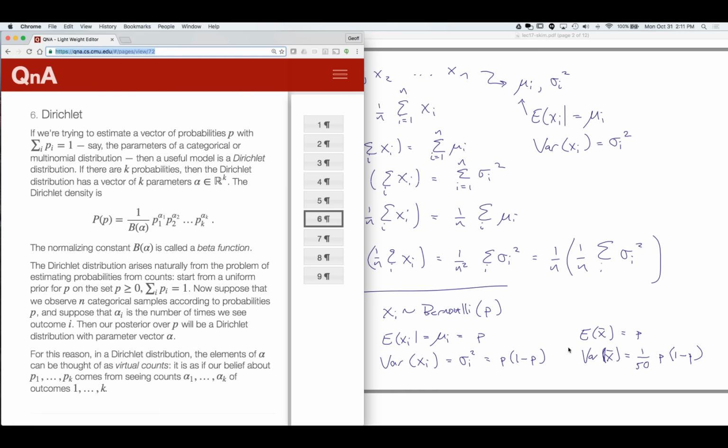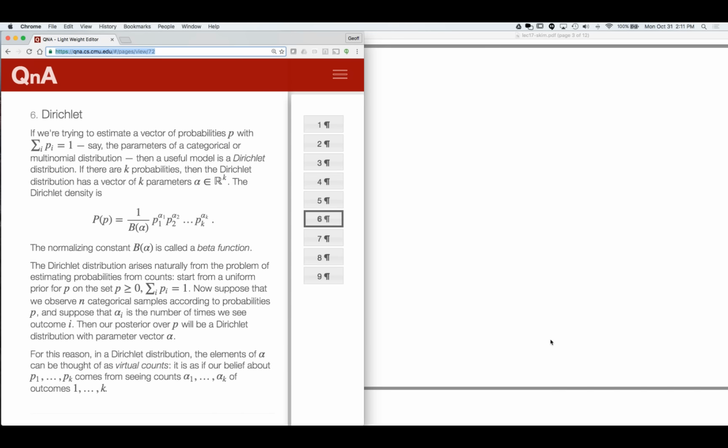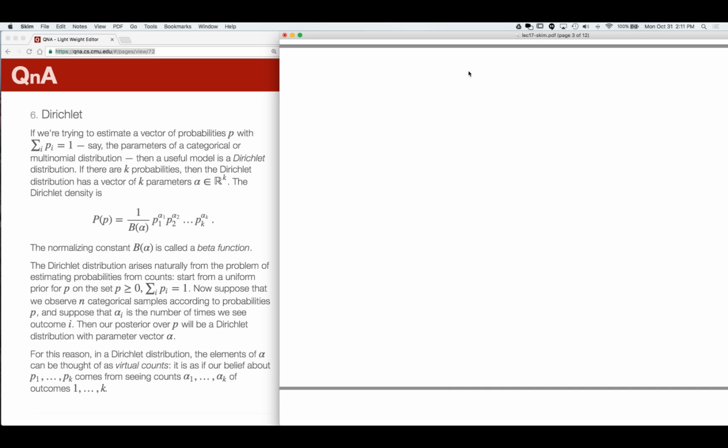So let's derive that just to make sure that everybody gets what's going on, right? So if we have a bunch of samples, xi is distributed as categorical with parameters p, right? And p is a vector in R^k with p bigger than or equal to 0 and the sum over j of pj equal to 1, right?